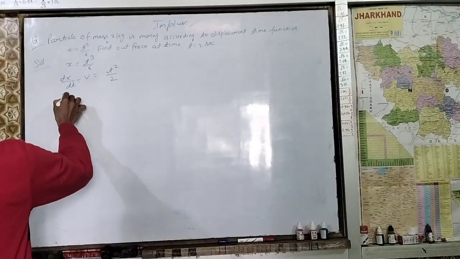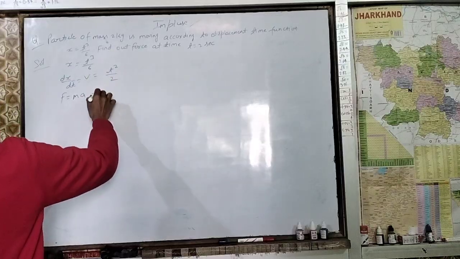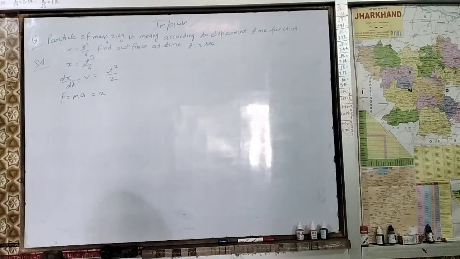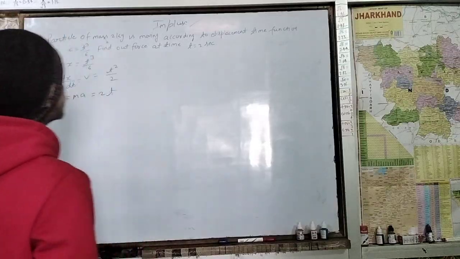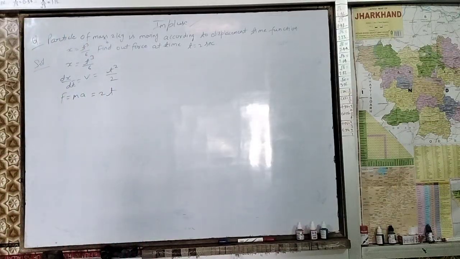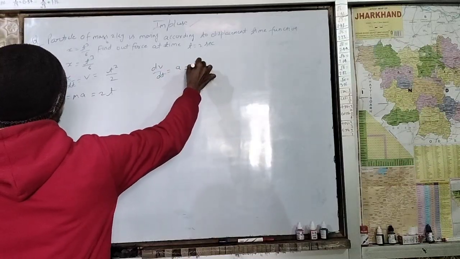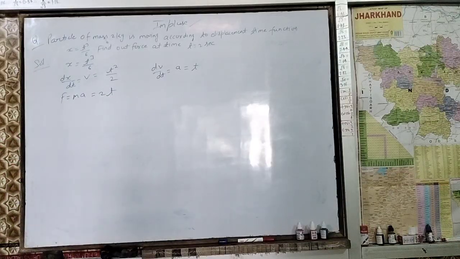Clear? So F is equal to ma. This is the formula, and over here mass is 2 kg. Acceleration is t. Here we are saying that dv upon dt is equal to a, and a is t. So the force is 2t.